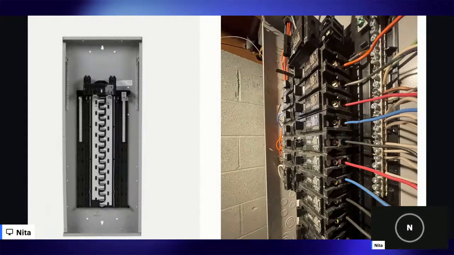You have that in your notes? That's our main bus bar. Okay, we also have a neutral bus bar and a grounding bus bar. The neutral bus bar is where all of our neutral wires connect. Neutral wires are typically white.